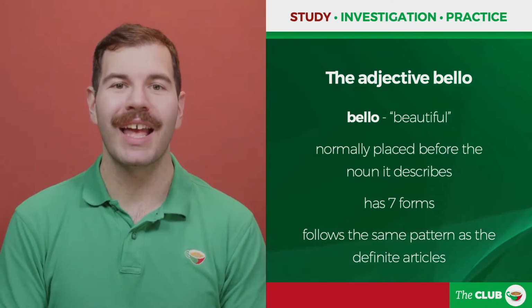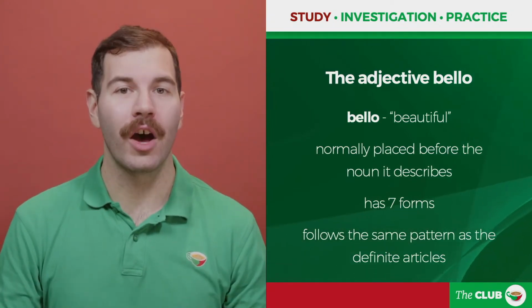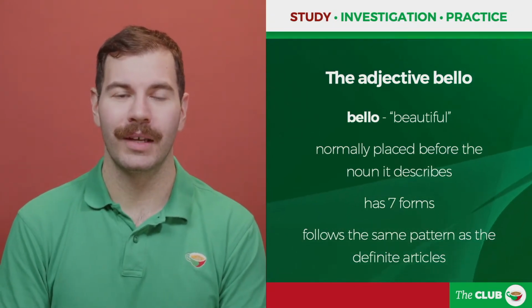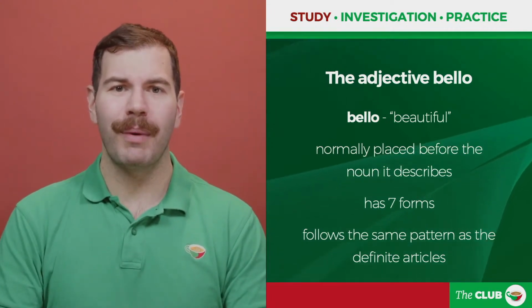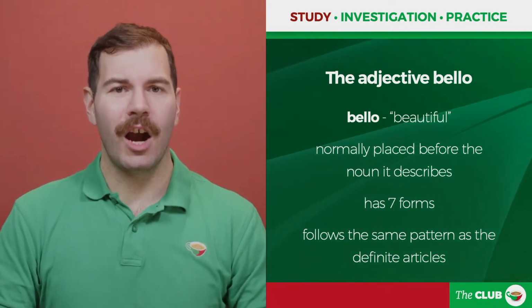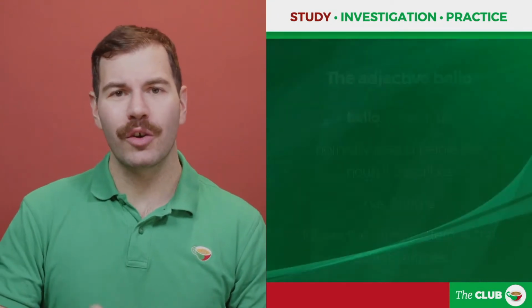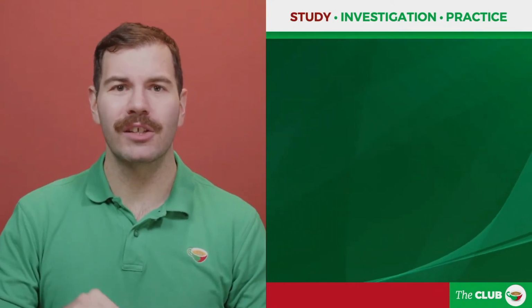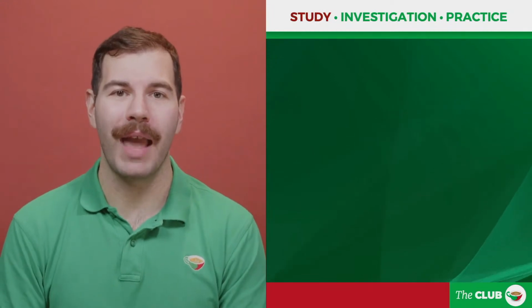The definite article is the word for the in Italian. I think it's good to start by reviewing definite articles first, and then I'll show you that the same pattern applies to the forms of bello.